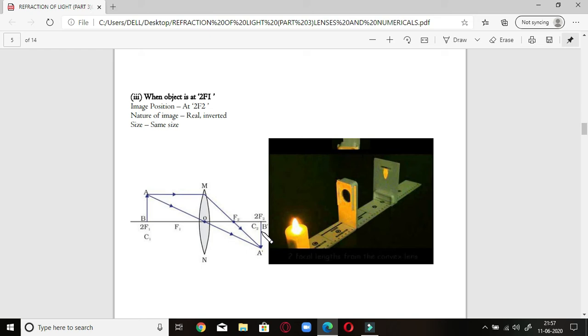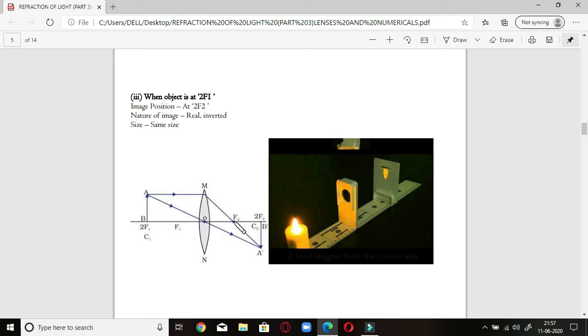Students, one thing I would like to tell you, that all the distances which are measured here on the left hand side, they are negative in the sign convention. As you can see here, the distance between the object and optical center of the lens, that is u, which is minus, right, whereas in this case this is h1 which is positive, h2 will be negative here.